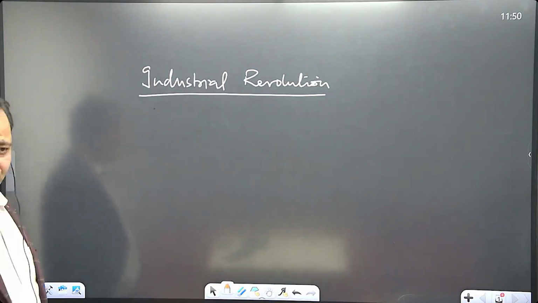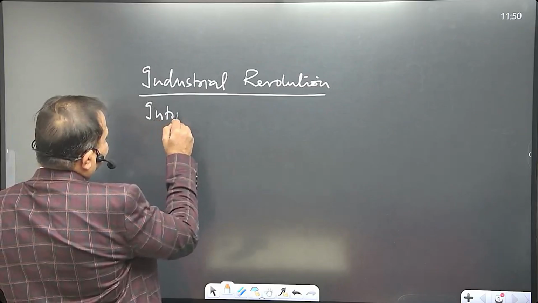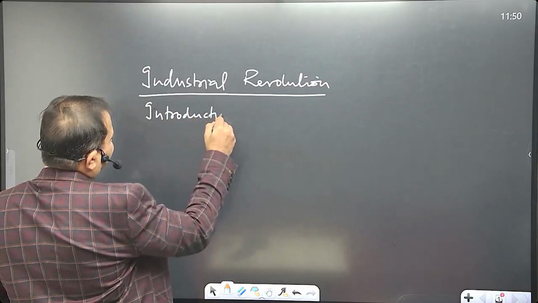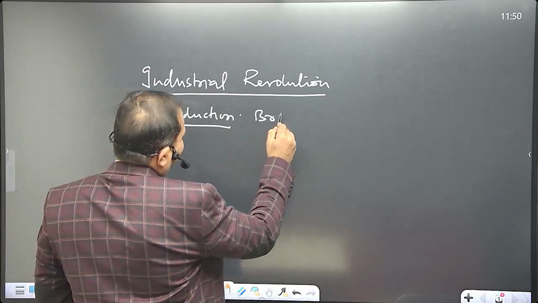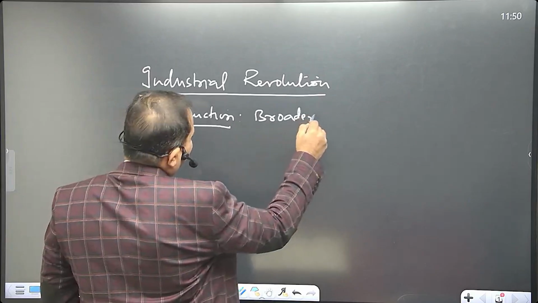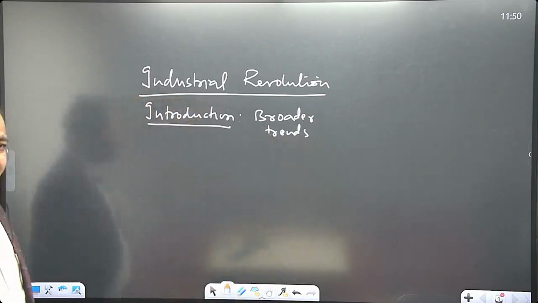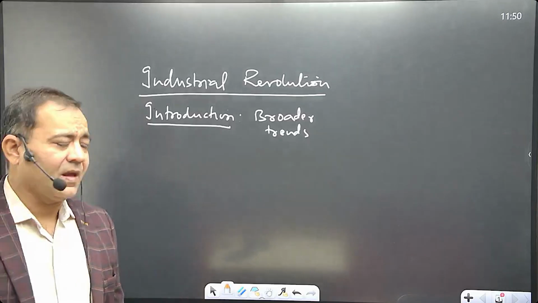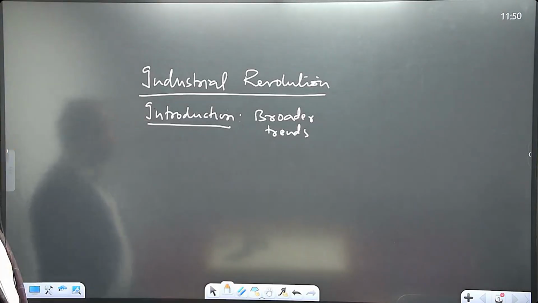Clear? So there will be something like an introductory paragraph. In the introductory paragraph, we can take note of broader trends related to the industrial revolution. Is this understood? Clear?